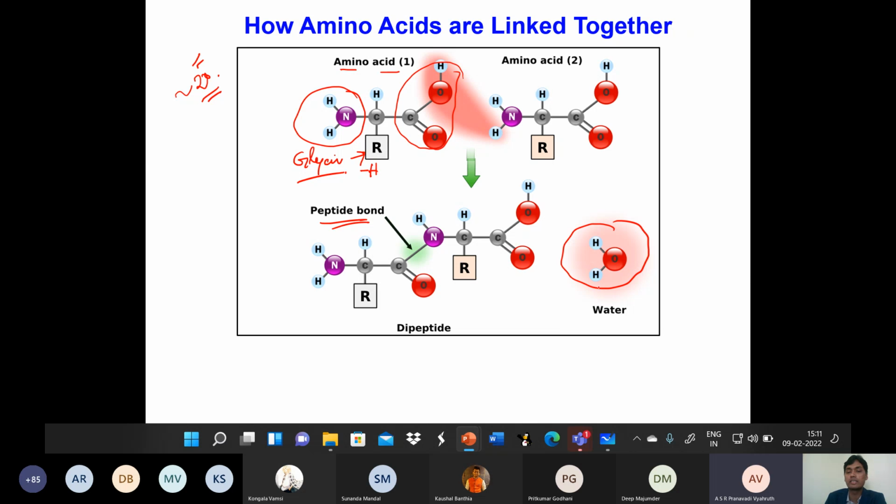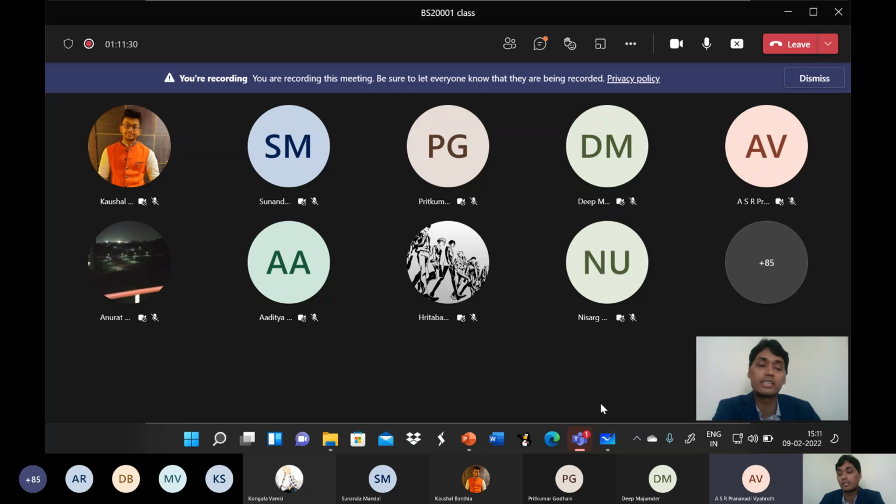Remember, in order to carry out this reaction in a chemical lab, it requires a lot of effort. I would say you might need high temperature and so many things. But think about this reaction happening in our body naturally, right?